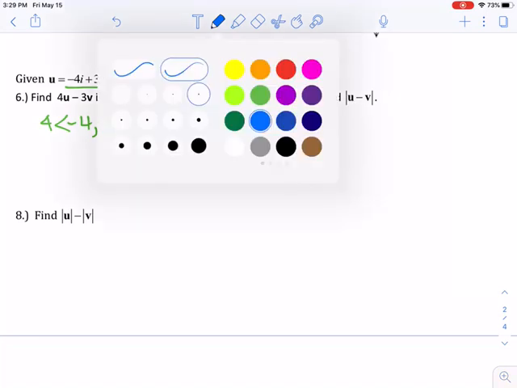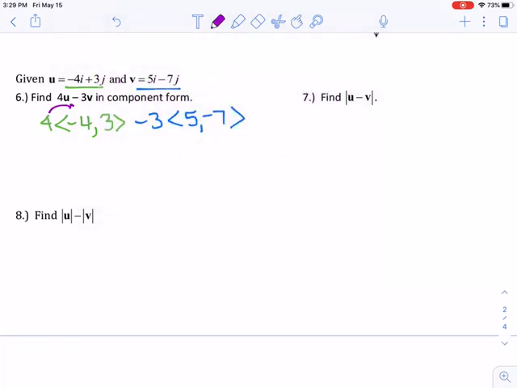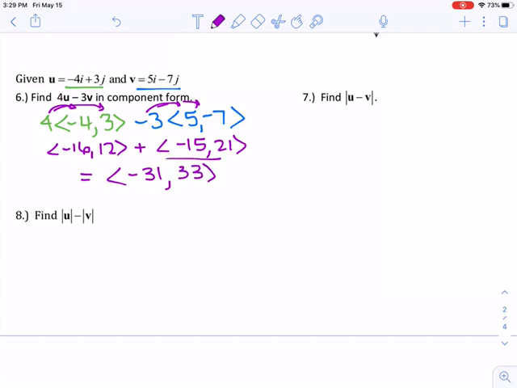Let's distribute that 4 and then distribute that negative 3. That's going to give me negative 16, 12 plus negative 15, 21. When I add my x components together, we get negative 31, and when I add my y components together, we get 33. So that results in the vector negative 31, 33.